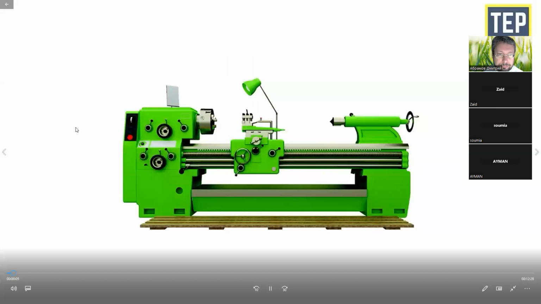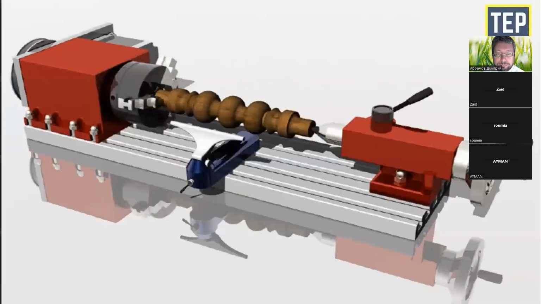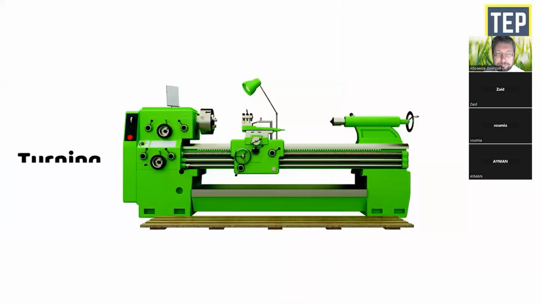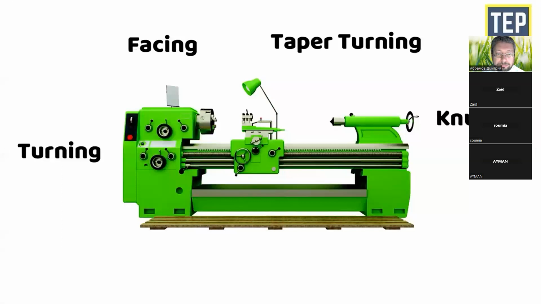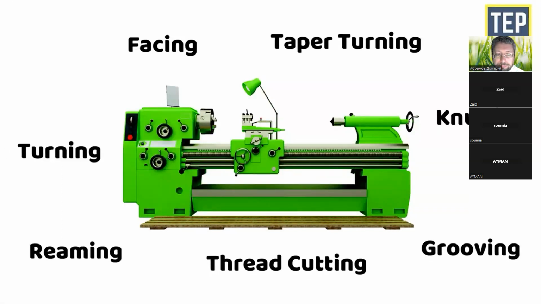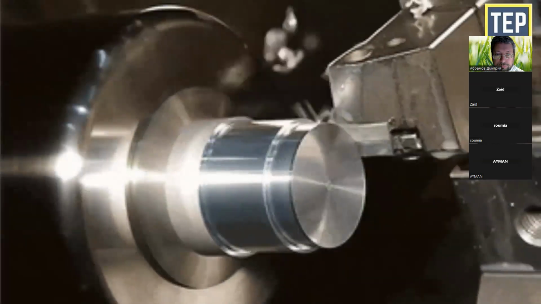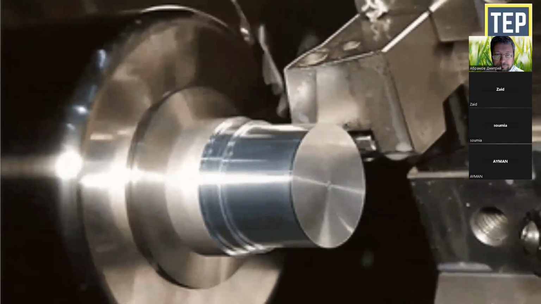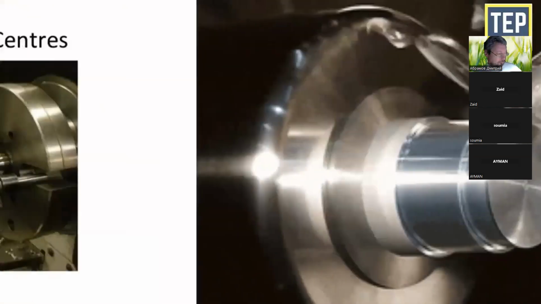A lathe is a machine that rotates the workpiece about an axis to perform different operations, such as turning, facing, taper turning, knurling, grooving, thread cutting, and reaming, etc. To perform different lathe operations, the workpiece may be supported and driven by any one of these methods. 1.